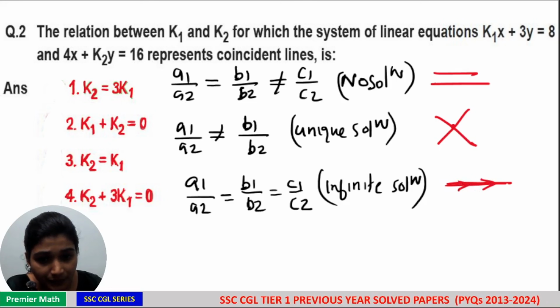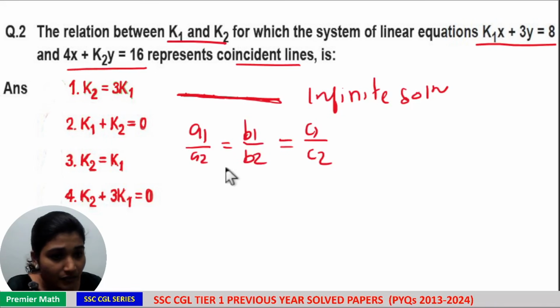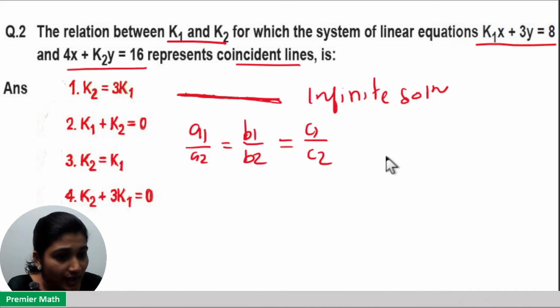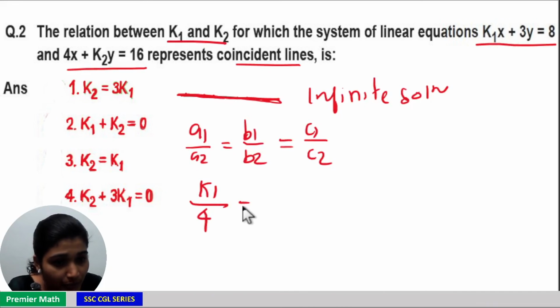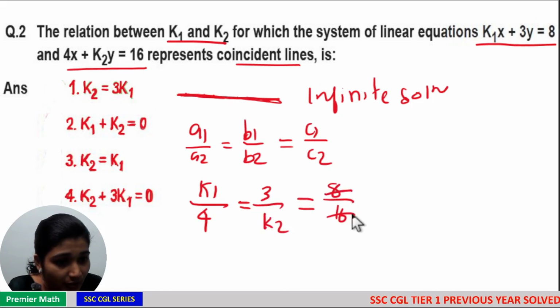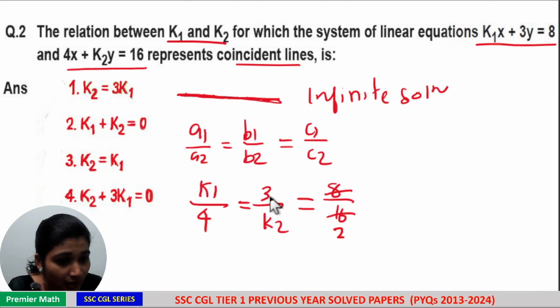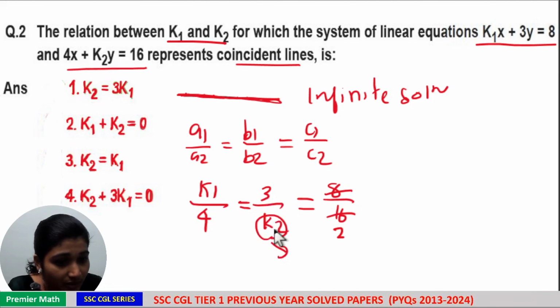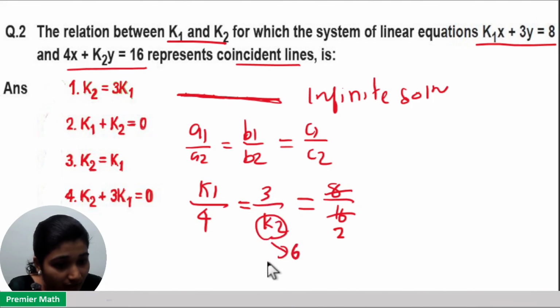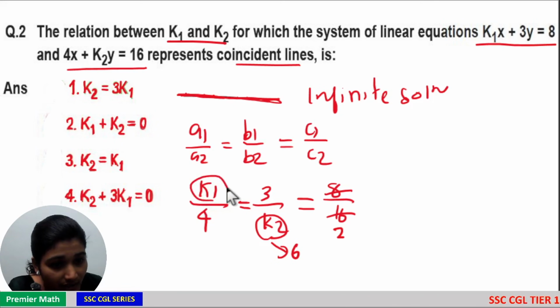Now here k1 divided by 4 should be equal to 3 divided by k2, that should be equal to 8 divided by 16. It goes 2 times in 16. That is, each of these ratios should be 1 by 2. Then k2 should be 6, since 3 goes 2 times in 6. And here 2 goes 2 times in 4, so k1 should be 2.